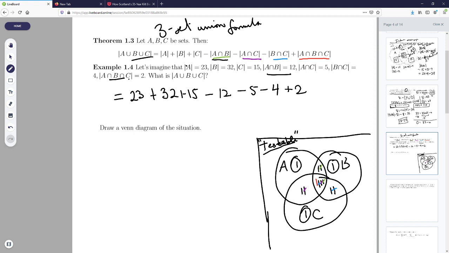So now we'll pull out a calculator and just do this thing. So we'll say 23 plus 32 plus 15 minus 12 minus 9, I guess, plus 2. So in total, 51.